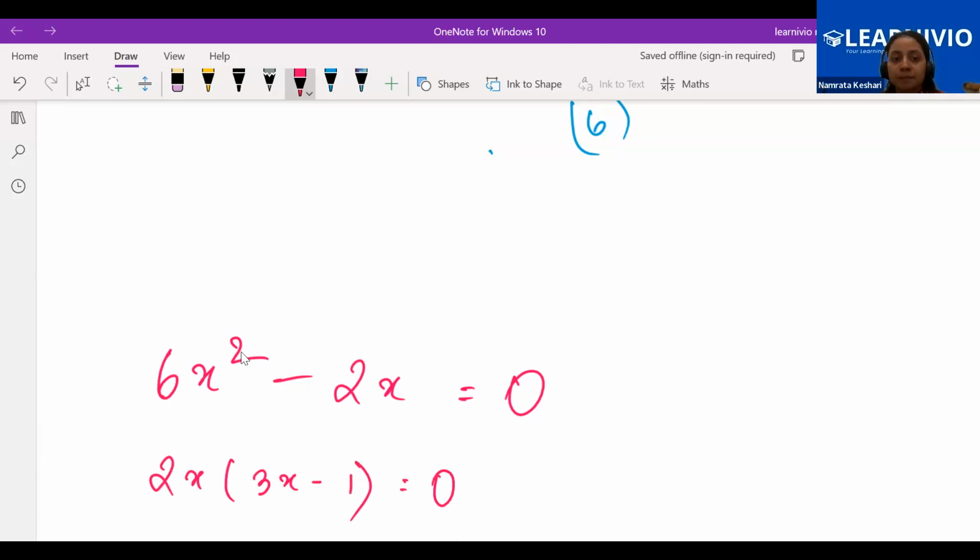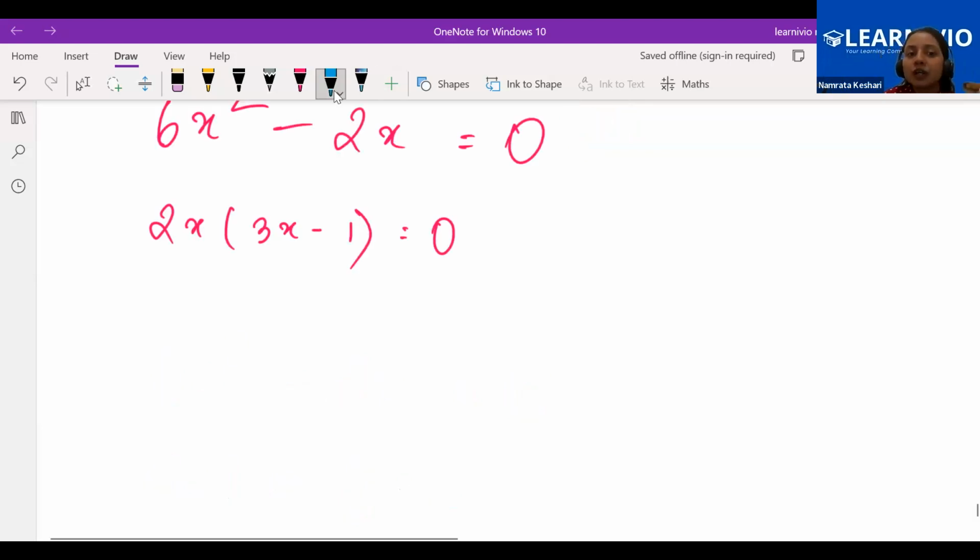Can you see we got two different factors, two different brackets? No worries. Something into something is equal to 0 means either the first term is 0 or maybe the second term is 0 or maybe both are 0. So from here we are able to generate two different possibilities: either 2x is 0 or maybe 3x minus 1 is 0. Getting it?